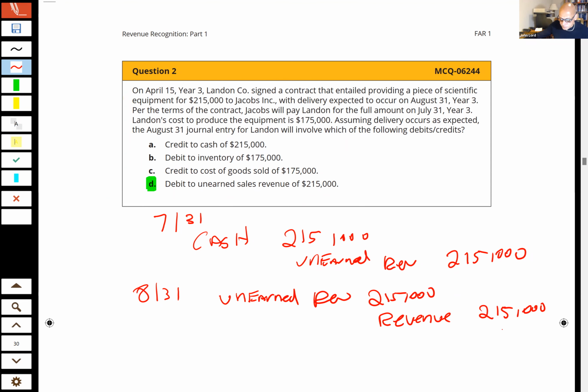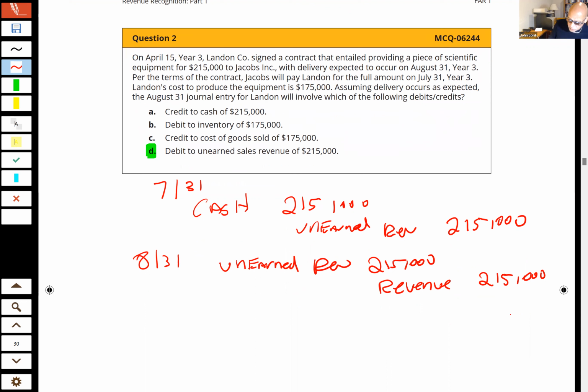Good. And then, just to complete the thought, debit cost of goods sold for 175,000 and credit the inventory, which was the cost of the thing I'm providing them, 175,000.